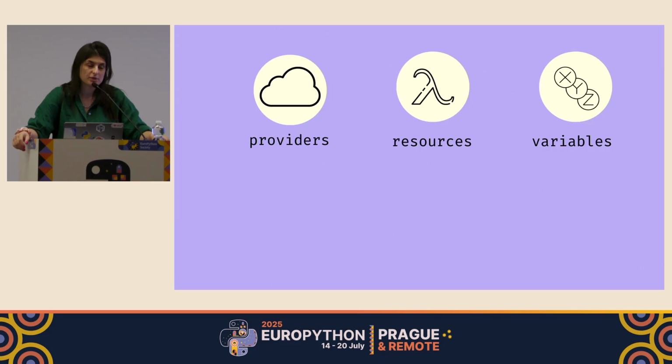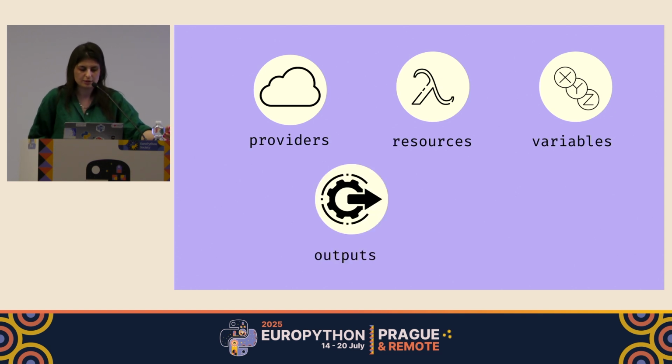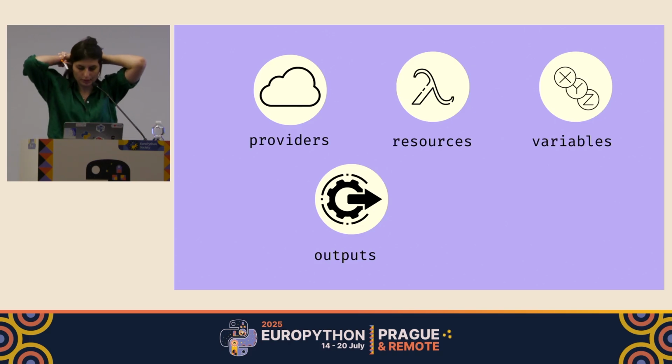Another one is variables. Variables are very important because with variables, we can define setups for different environments, for example, int, dev, and prod. For example, we don't want to have some EC2 instances deployed to int. We want to have a different type of instances to save costs. Via variables, we can define it. Outputs is very nice. It's where we check what was deployed to AWS.